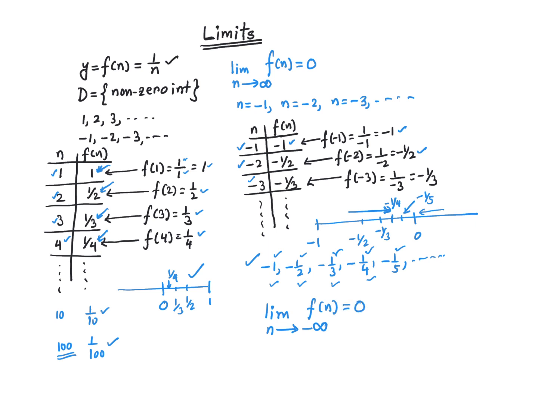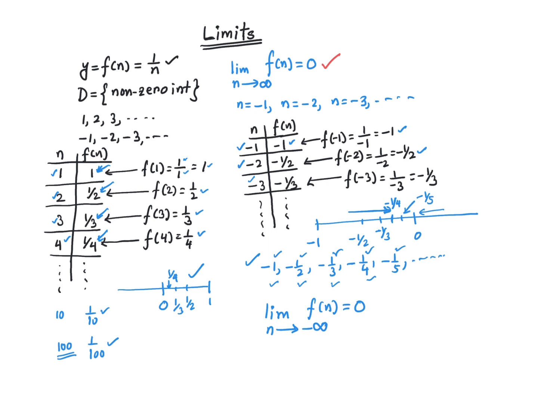So just to summarize things, we found two limits. One is as n approaches positive infinity, what happens to the function? We notice that as n approaches positive infinity, the function approaches 0, or the limit of the function f of n as n goes to positive infinity is 0.